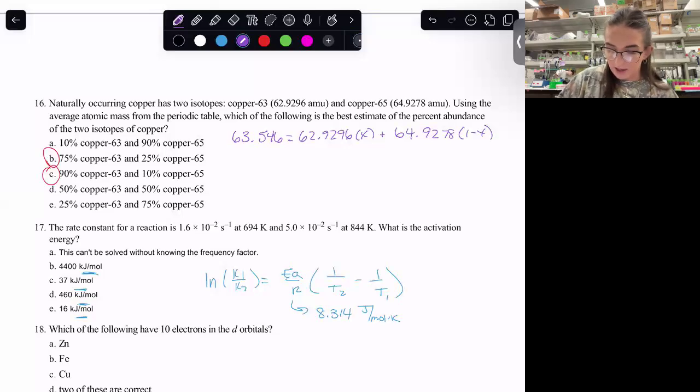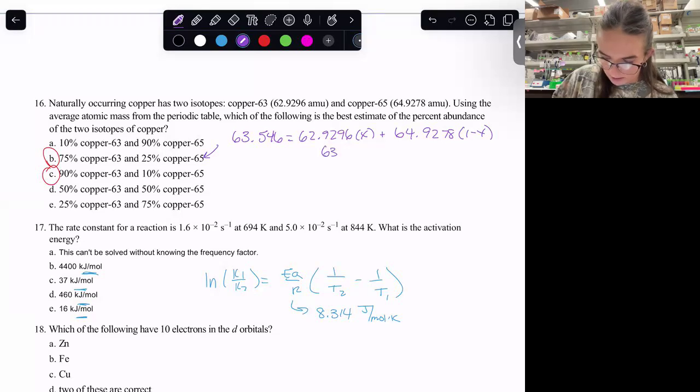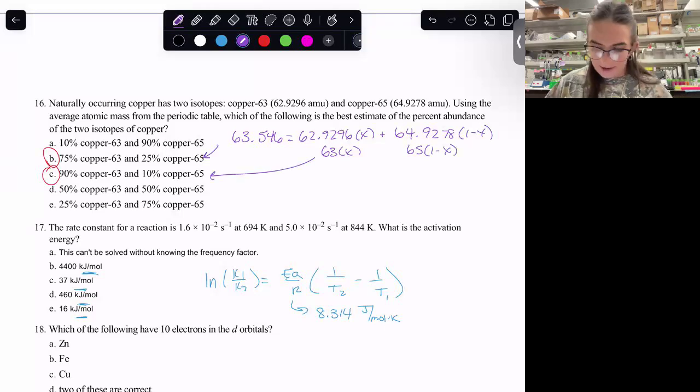If you use it this way, then you get B. If you fiddle with the numbers a little bit, if you use 63 times X and 65 times 1 minus X, then that gets you this one. But as long as you get B or C as the answer, that's fine.